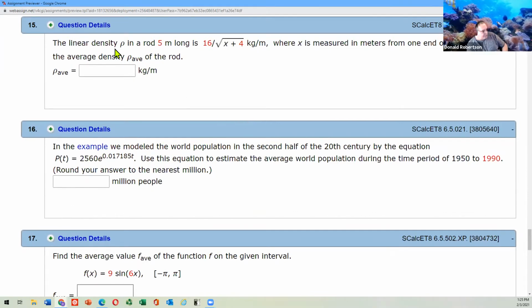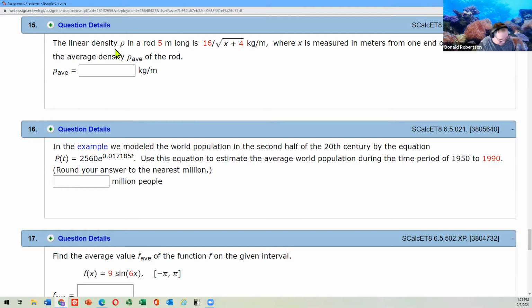Now, question 15 talks about a function called the linear density function, which is basically just a formula, a function, that tells you how dense a rod is in this case at position x.